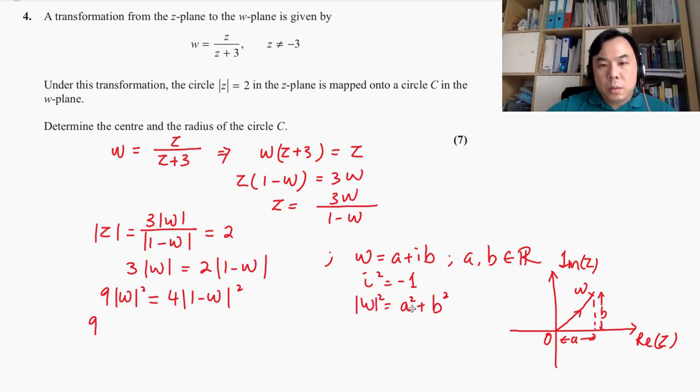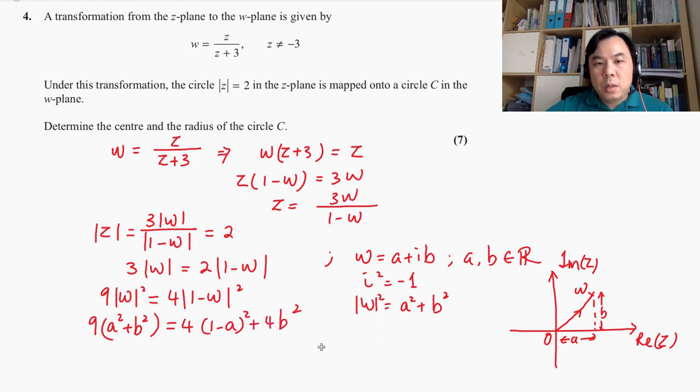So this is given by a squared plus b squared equal to 4, and if you rearrange this properly, we will have (1 minus a) squared plus 4b squared.